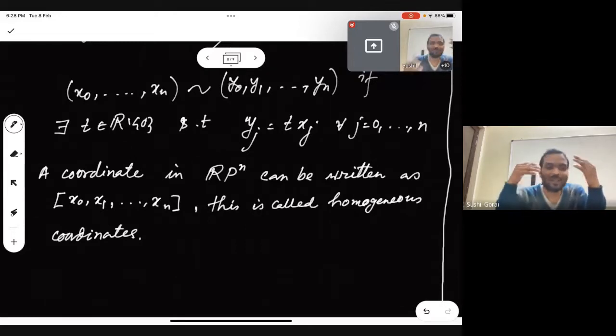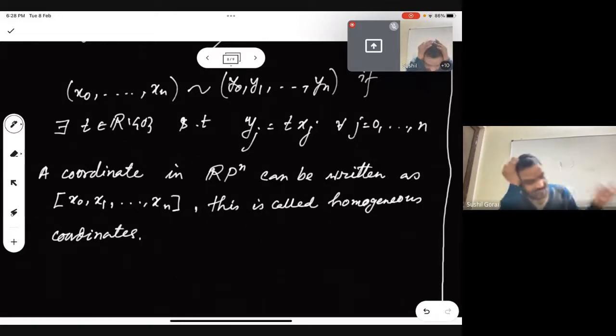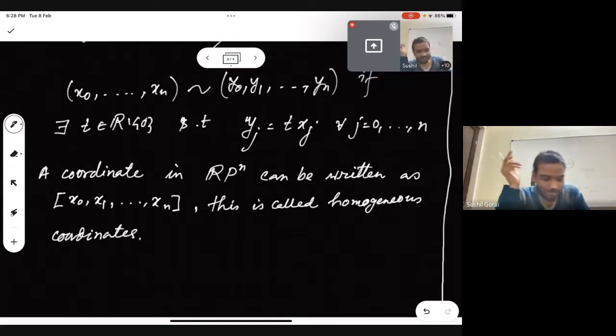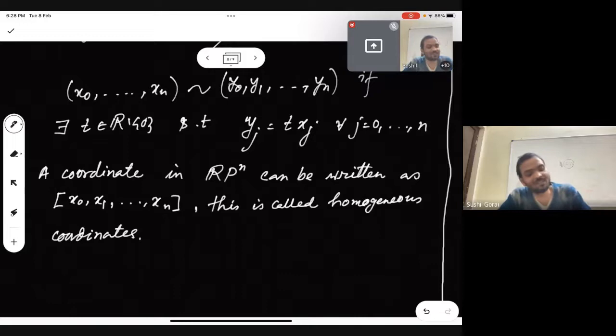So if you want to find the functions, let's say a continuous function on RPN, what will be a continuous function on RPN? Can you give an example? A continuous function from RPN to R. Can you give an example?